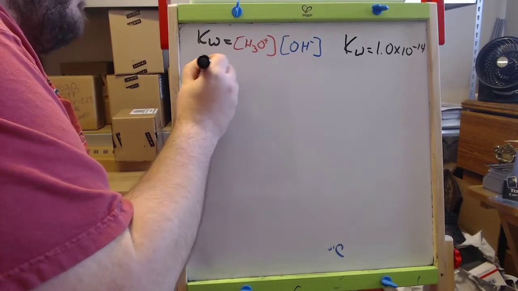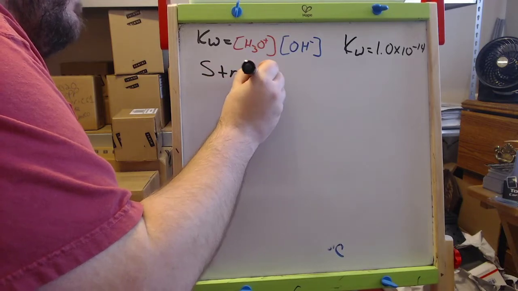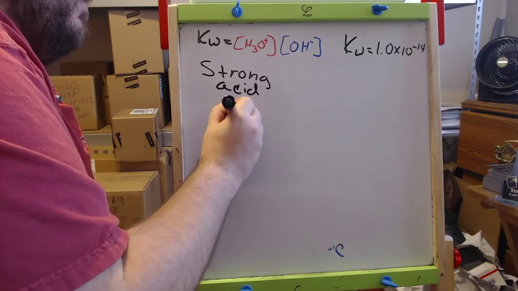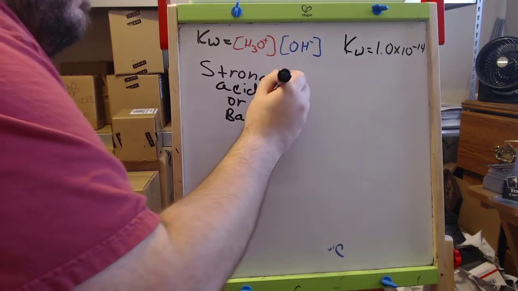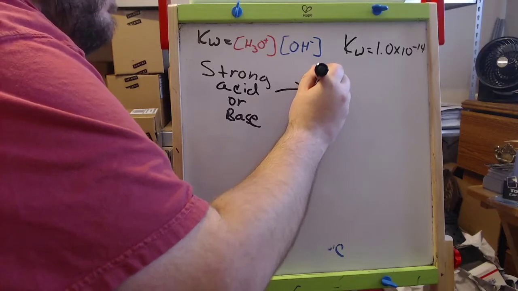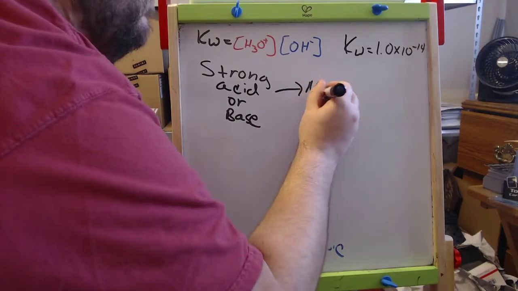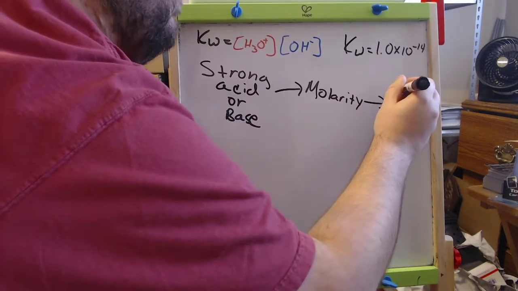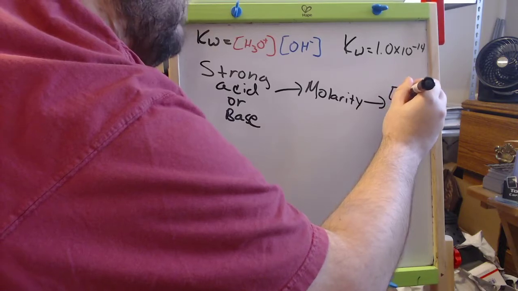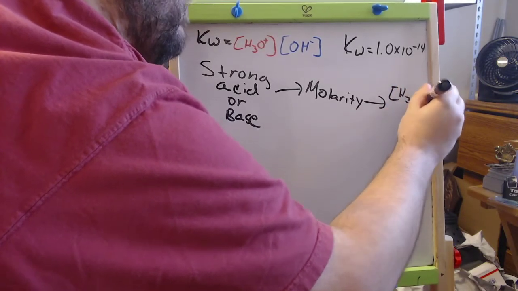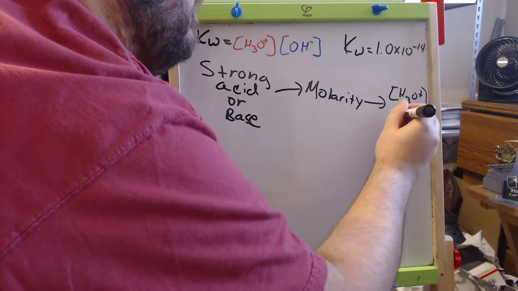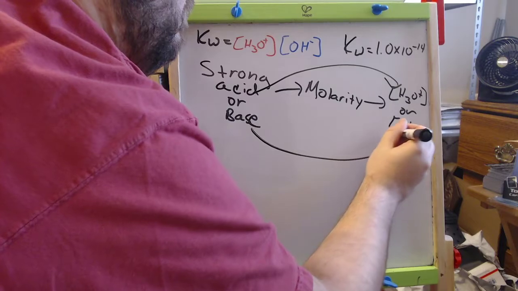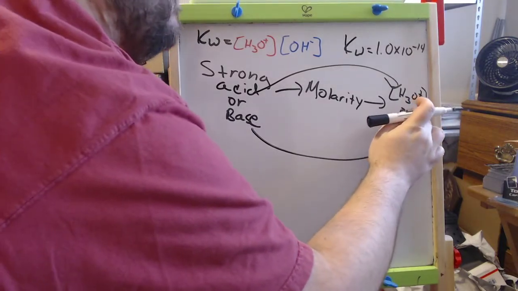If I have a strong acid or base, the molarity of the strong acid or base tells me the concentration of H3O plus for an acid or OH minus for the base, because I completely dissociate.